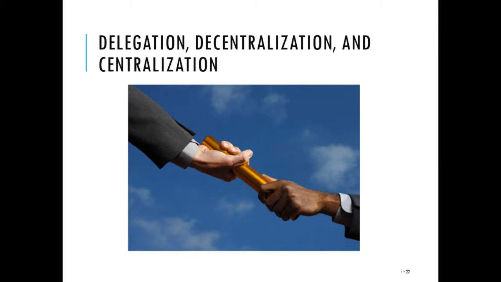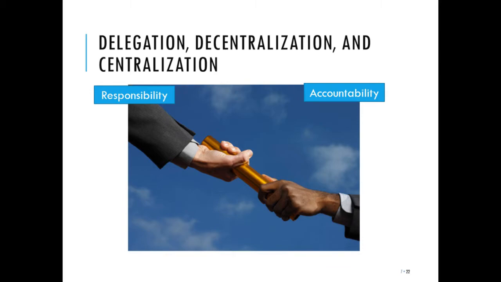Delegation of authority therefore frees a manager to concentrate on larger issues such as planning or dealing with problems and opportunities. Delegation gives responsibility or obligation to employees to carry out assigned tasks satisfactorily and holds them accountable for the proper execution of their work.